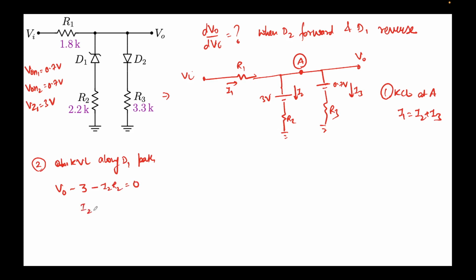This will give us I2 equal to V naught minus 3 over R2. So this is the expression we have obtained for step 3. Again we will do KVL along the D2 path, the right path. I can say V naught, because this node voltage is V naught, minus 0.7 minus I3 R3 equal to 0.